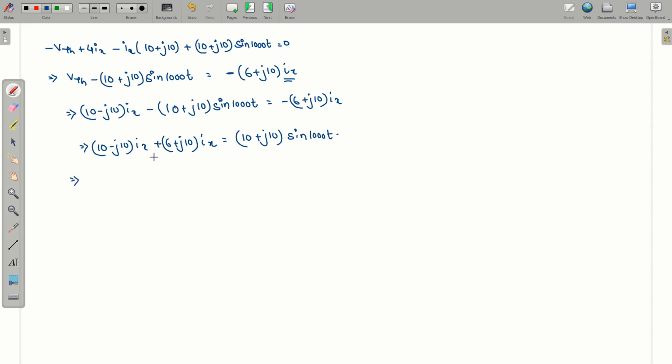So this will be 16 Ix is equal to (10 plus j10) sine 1000t. So Ix comes out to be (10 plus j10) by 16 sine 1000t.